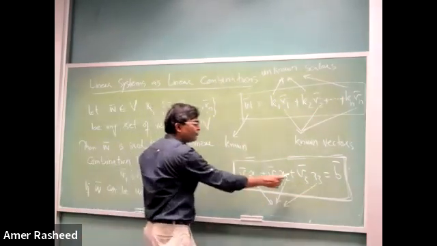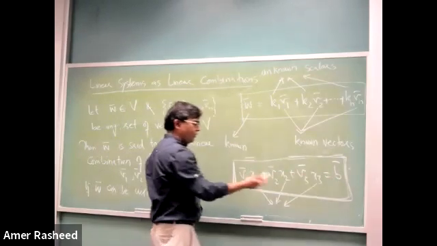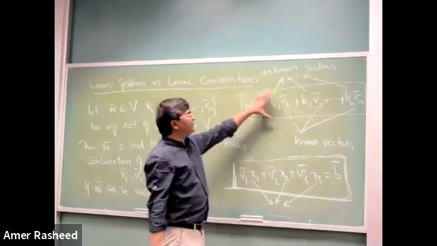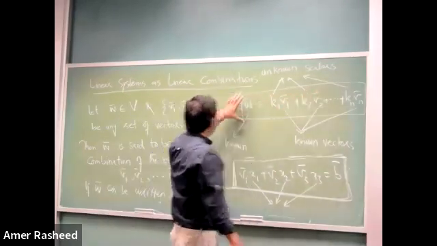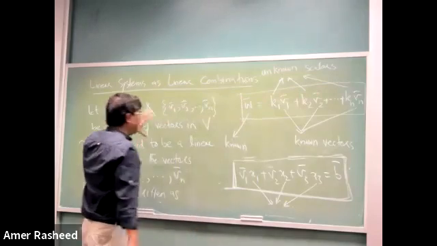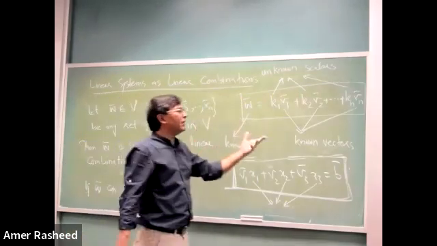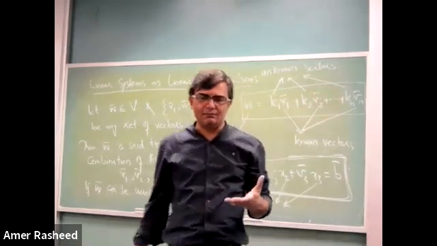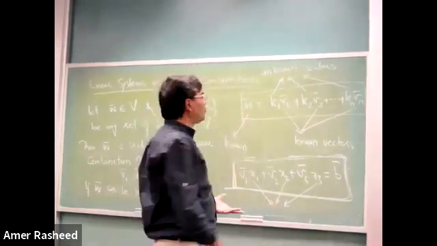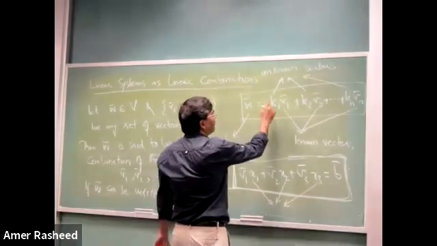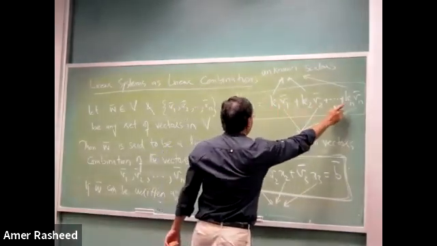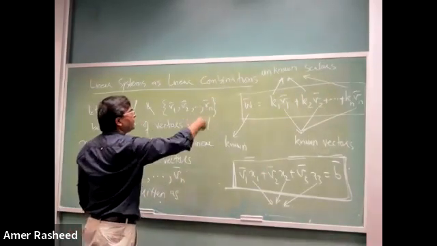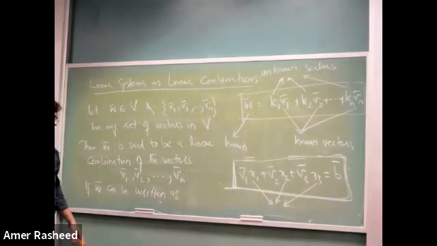And V1, V2, V3, and B, they are known vectors. So a linear combination is basically, in general, a non-homogeneous linear system. And after solving it, we can find the values of k1, k2, and kn. Then we say that W is a linear combination of these vectors V1, V2, so on, Vn.